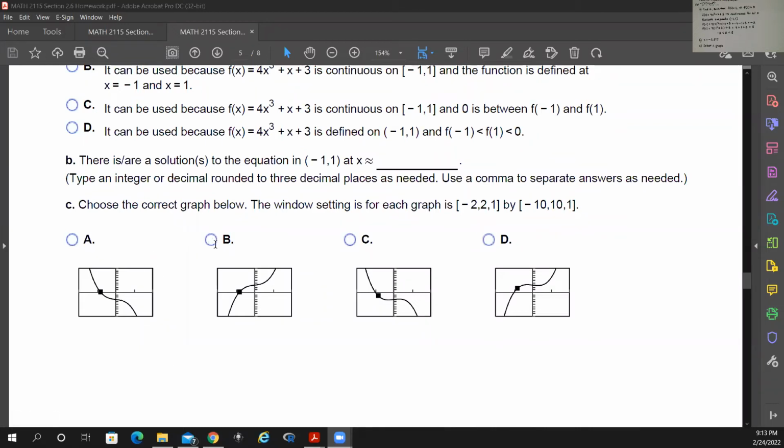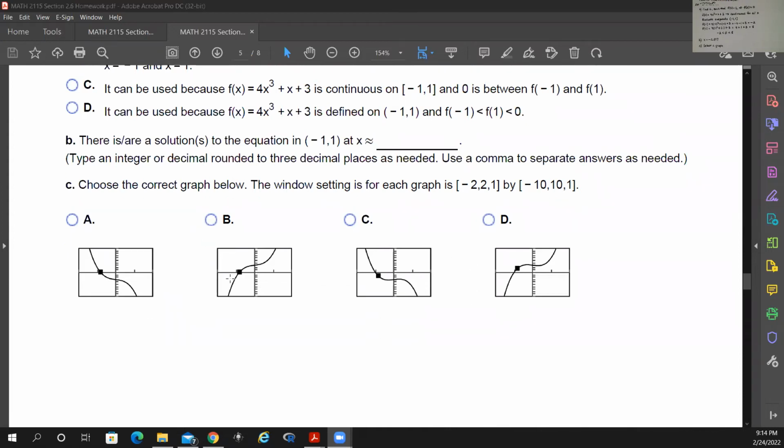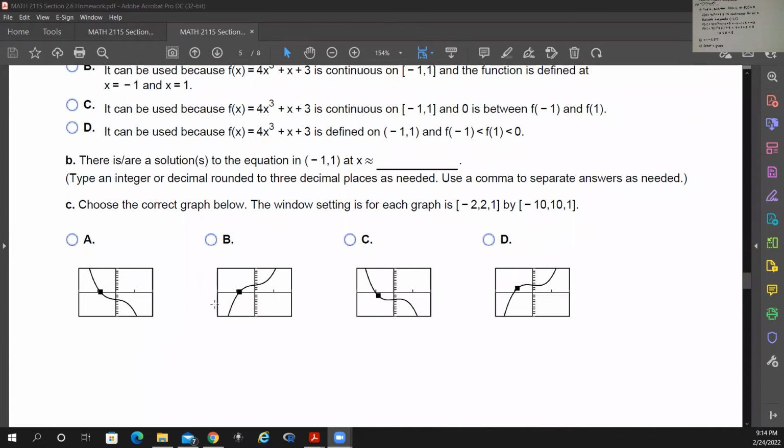Okay, so as you can see here, now they also give you the window setting in this case from -2 to 2 in increments of 1 for your x, and then -10 to 10 with increments of 1 for your y. And then from here, you just take a look at the graph that you got on your screen and pick out which one of these fits the one.